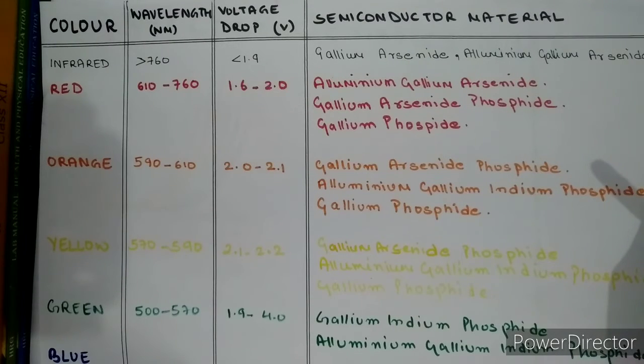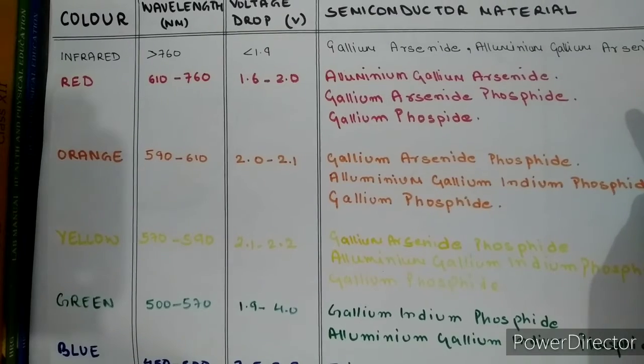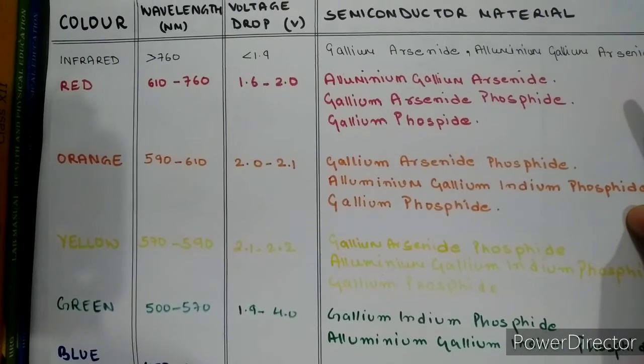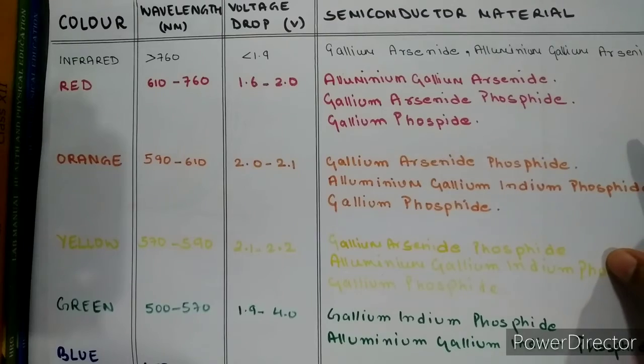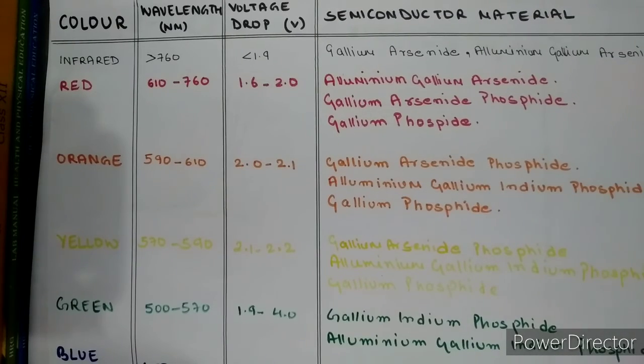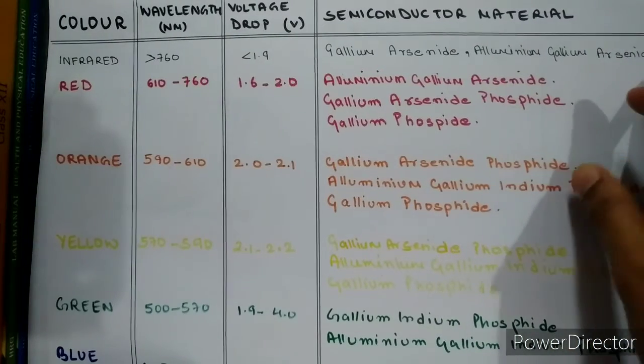So here is the list of different semiconductor compounds which are used to generate different colors of light. For infrared, the wavelength should be smaller than 760 nanometer and the voltage drop will be greater than 1.9 electron volts, and the semiconductor materials used are gallium arsenide and aluminium gallium arsenide.